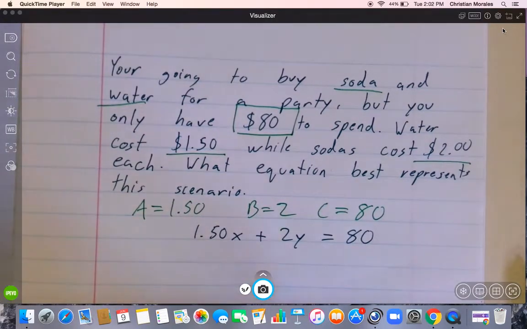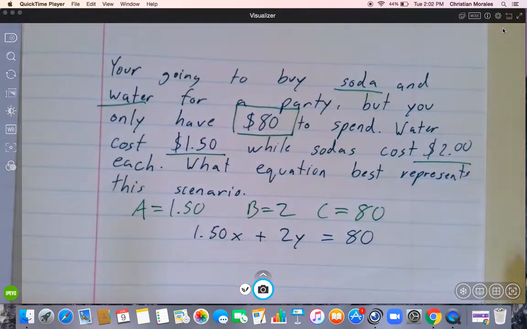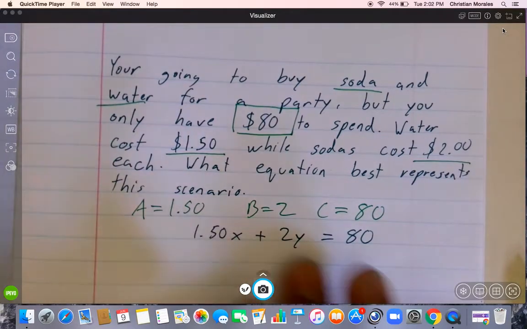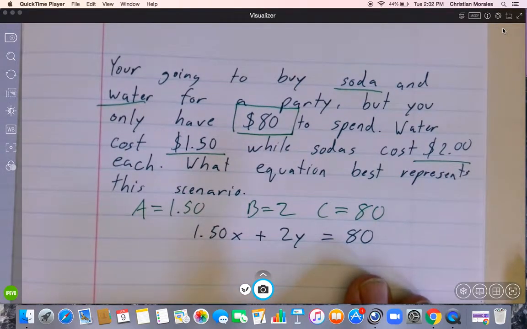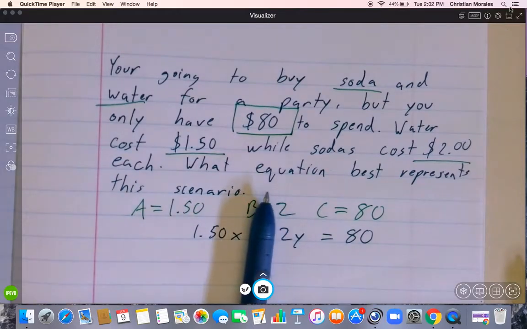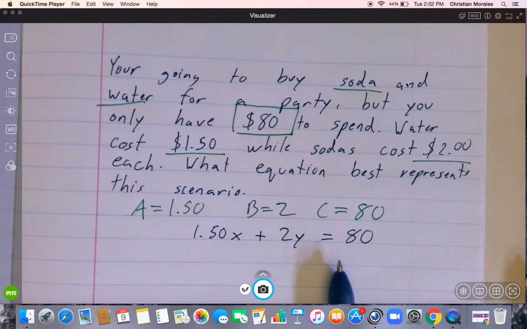Now, if you notice, this is a decimal, and it's only because this is a word problem. In a word problem, you're using it to solve for the word problem. Right now, I'm just showing you how to write the problem down. Once you write the problem down, you can then try to graph it by finding the intercepts. But normally, you wouldn't have a decimal. This is an exception. But that's how you would write it in standard form. And guys, that's standard form.